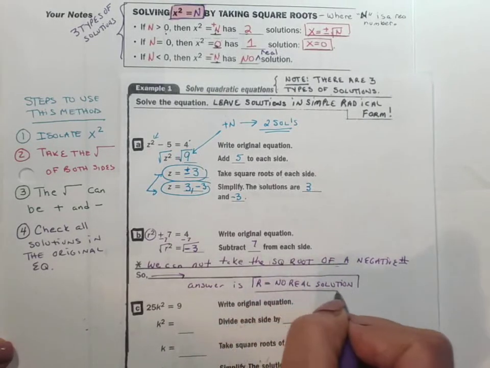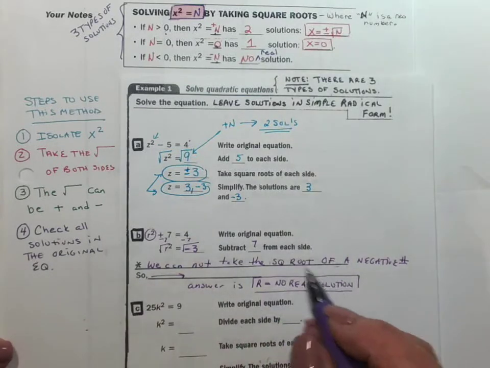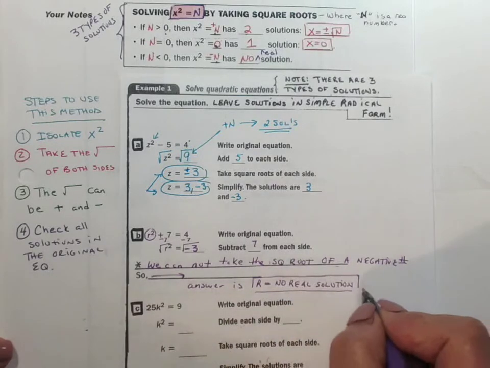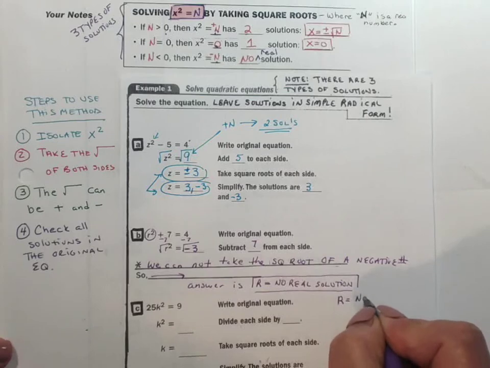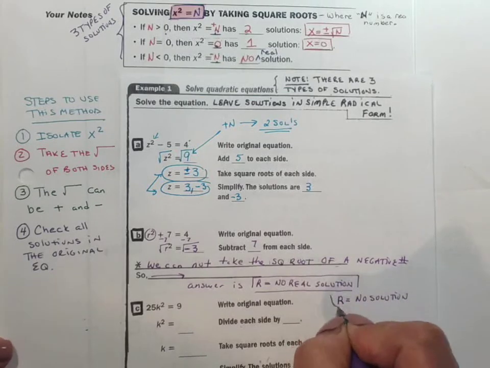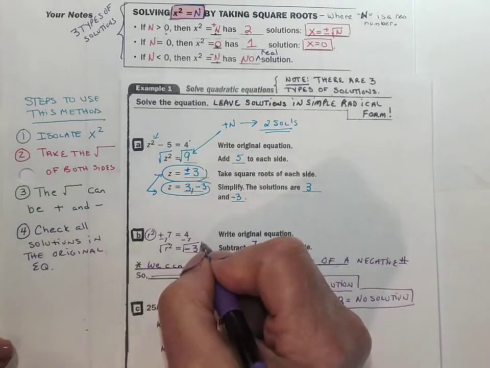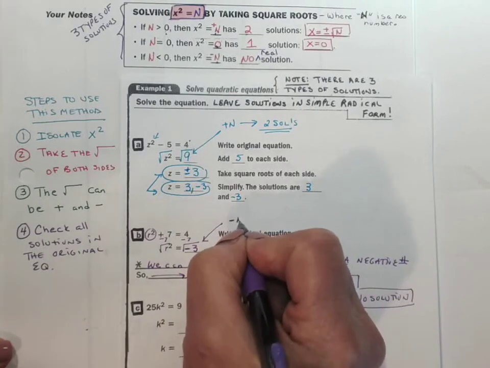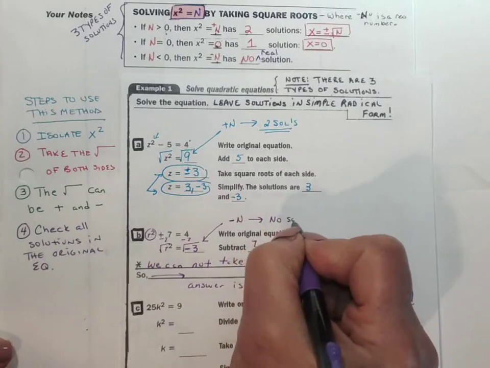So we're not going to have a real solution. And in Algebra 1, we're not talking about imaginary numbers. So in Algebra 1, you could say r is equal to no solution. Here, I have a negative number, so I have no solutions.